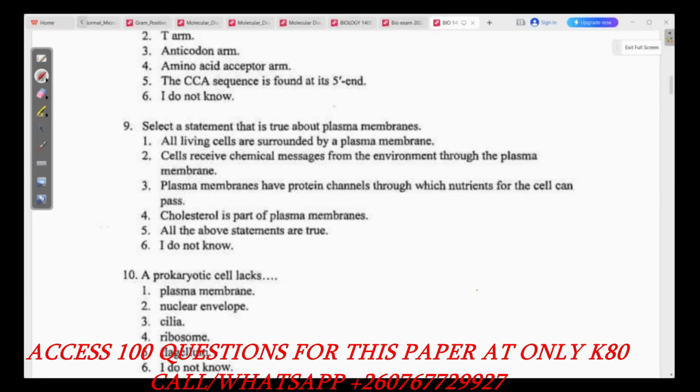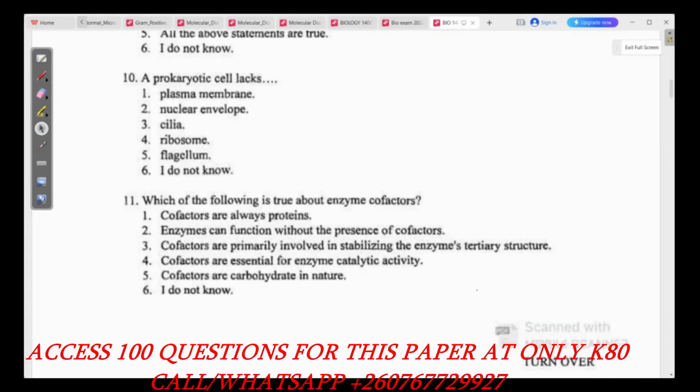This is a true statement. Then 5 is saying all the above statements are true. So you see that option 5 combines all of them. And for the fact that from option 1 to 4, we have found that all of them are true about plasma membrane, the correct answer to this question is going to be option 5. All the statements above are true about plasma membrane. So that's the answer to question 9.